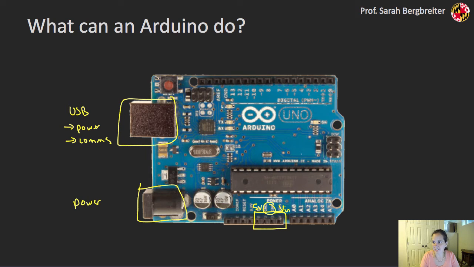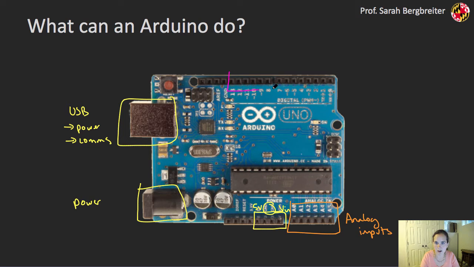And in addition to this, I have a ton of other cool functionality. All of these that are labeled A over here are going to be analog inputs. So I can connect these up to sensors that you'll use in the lab and actually read analog inputs from those sensors. Obviously they're converted to digital at some point, and we'll talk about those analog to digital converters.